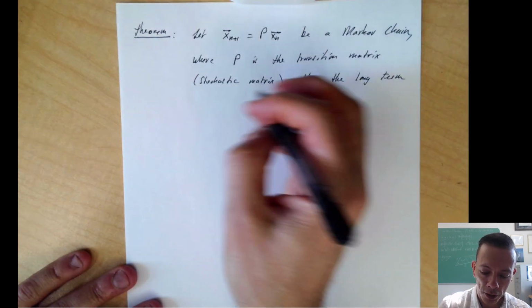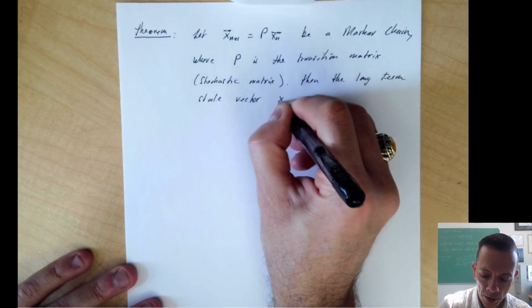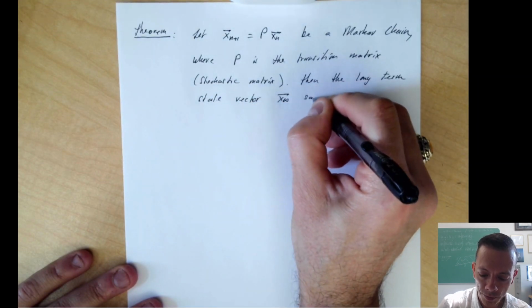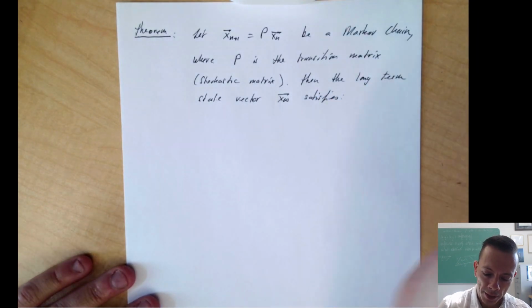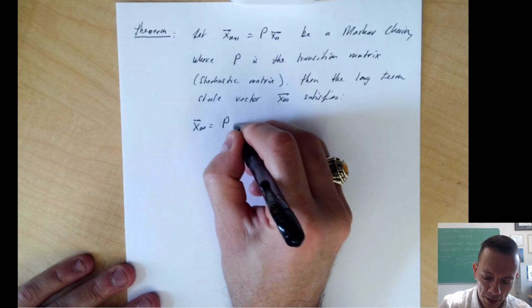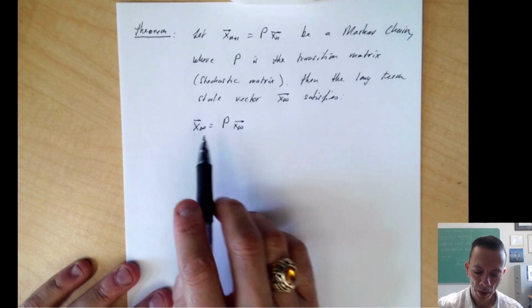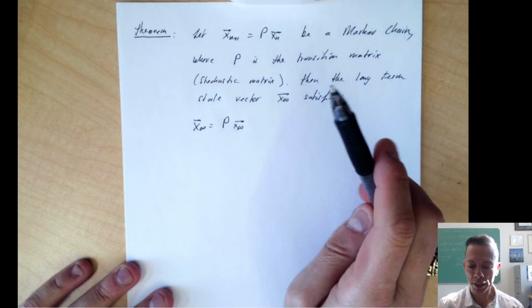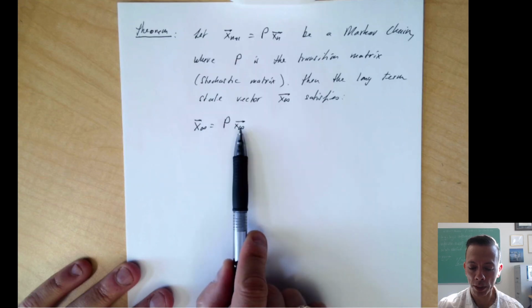So then the long-term state vector, x infinity, if it exists, satisfies x infinity equals P x infinity. Which means that when the system reaches its steady state in the long term, the state vector does not change from one time step to the next.